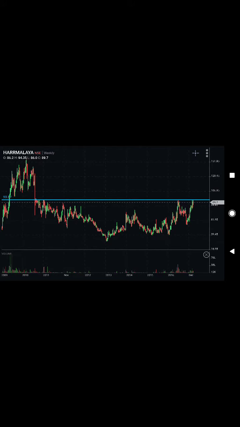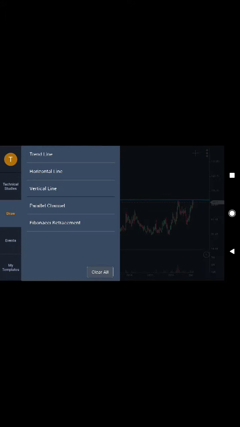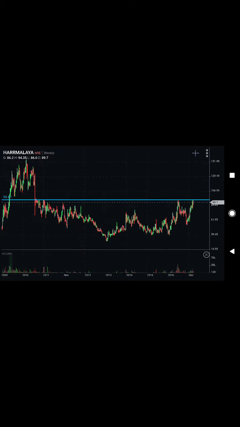And a good volume pickup also recently, after demonetization. So just buy and hold, and the stop loss is 10% for such a major move.